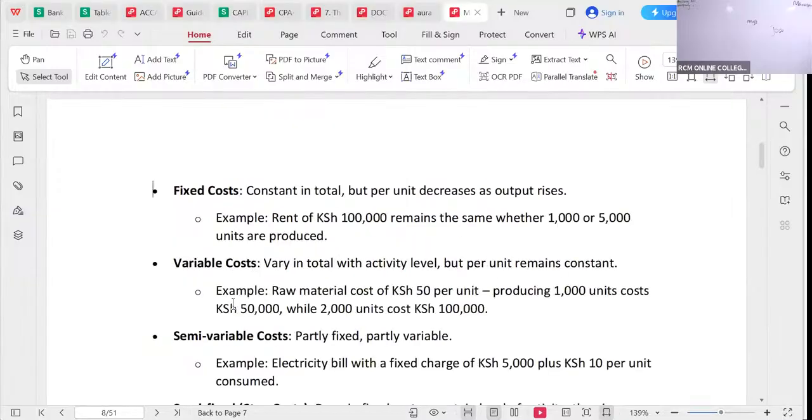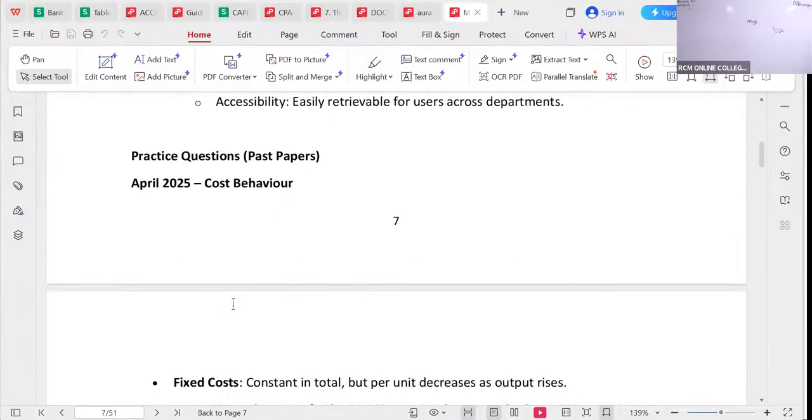Now we can go, ladies and gentlemen, to past paper questions. We start with April 2025, where they asked us about cost behavior.